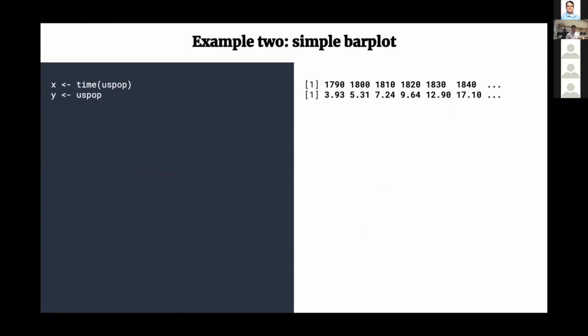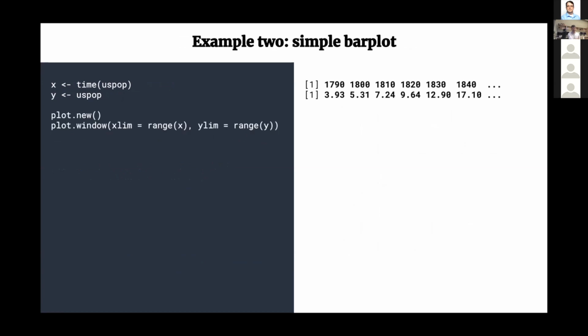Now, moving on to a more realistic example, for example, a bar plot. Here, we will try to produce a bar plot for US population growth. So again, we extract the needed variables to X and Y just for convenience. X here would be time in years, and Y would be population, I think, in millions.